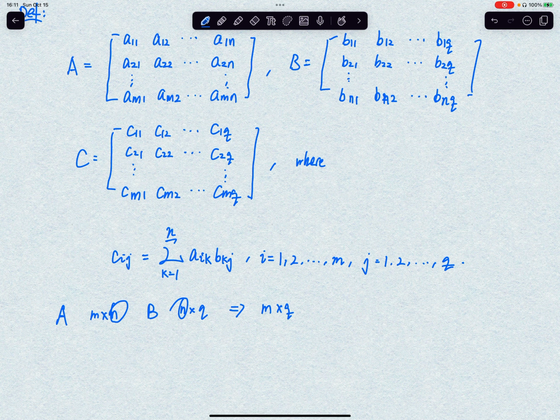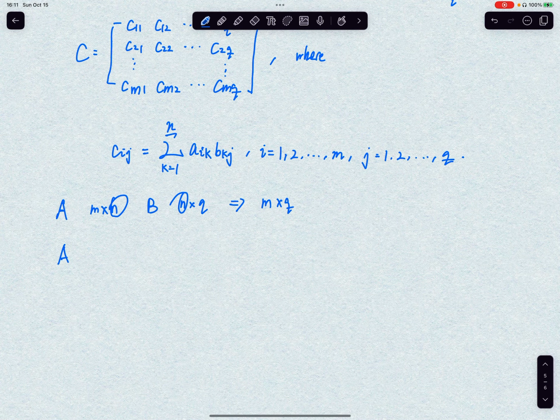In particular, multiplication is always possible when both factors are square matrices. Of course, they have to be of the same size. And moreover, suppose that A is m by q and B is n by q, then we see that the operation could not be done, and one can check by the definition why this is not the case.